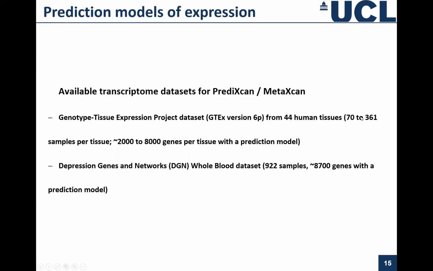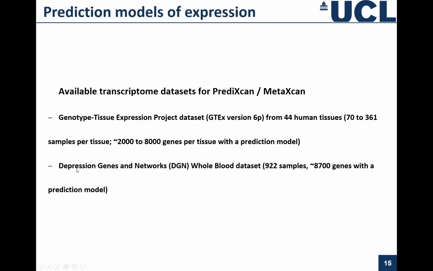And of course, depending on the number of samples per tissue, from 2,000 up to 8,000 genes per tissue with a prediction model.